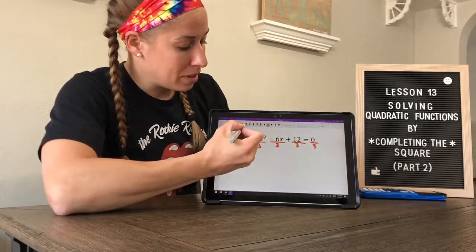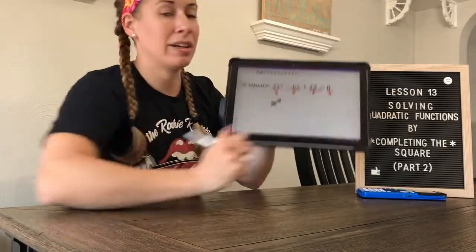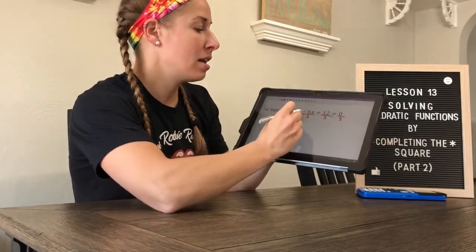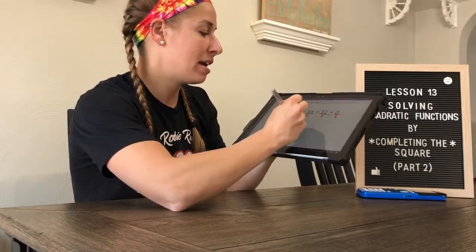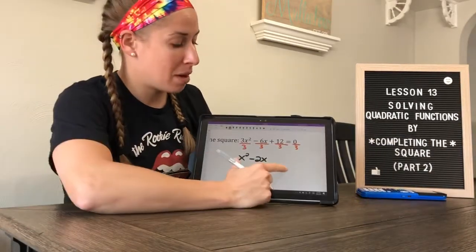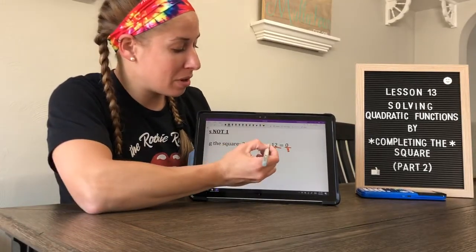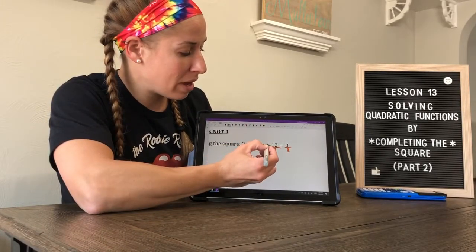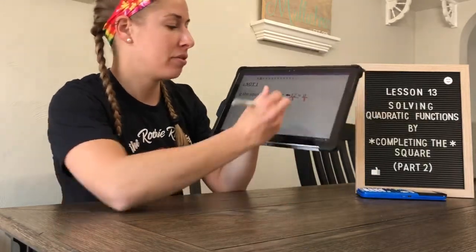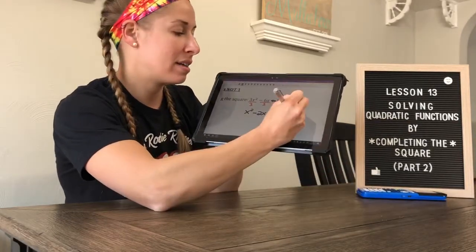So the first term becomes x squared. Notice the leading coefficient is now 1. That's what we want. And then negative 6x divided by 3 is negative 2x. I did forget, I worked through these just to make sure that I didn't have any issues like before, so we want to make this into a negative 12. Negative 12 divided by 3 is negative 4, and 0 divided by 3 is 0.